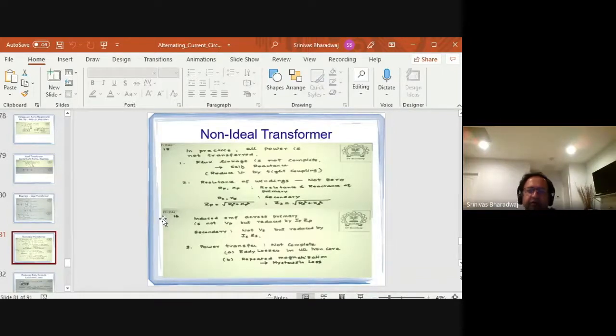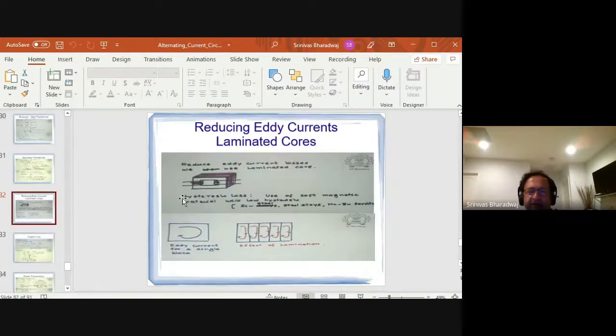Therefore the secondary current will not satisfy Vp Ip equals Vs Is. There is also some amount of eddy losses in the iron core that causes power to go down. So all these three lead to power loss: resistance, eddy currents, and flux linkage. And there is also hysteresis loss for different reasons.